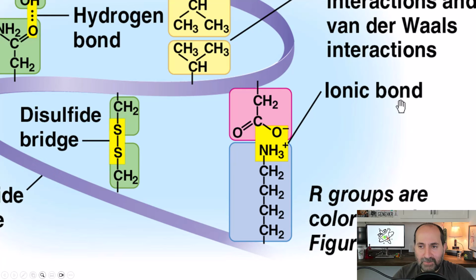So ionic bonds form between acidic and basic residues in the tertiary structure, right? In the protein structure.